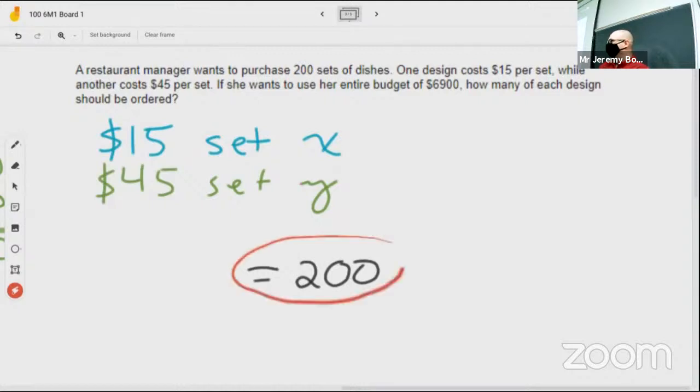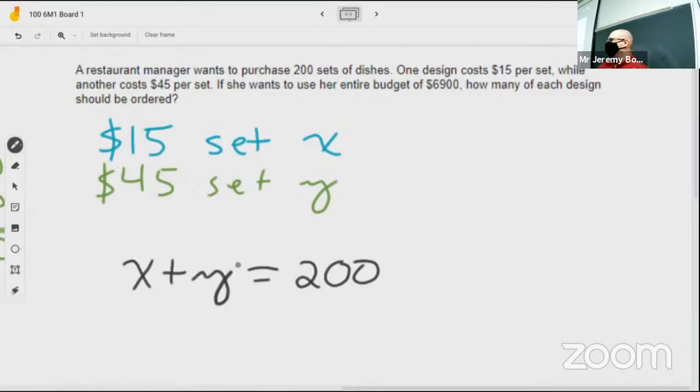I want to buy 200. This is how many I'm buying of this, and this is how many I'm buying of that. So X plus Y should equal 200. I'm going to buy X, the $15, and Y, the $45. I want 200 total.